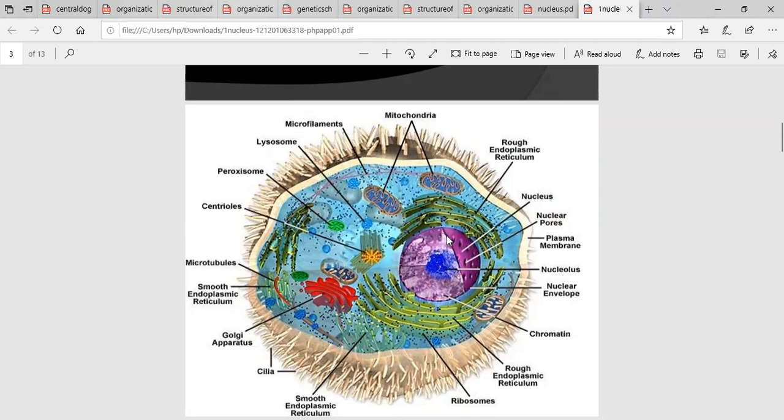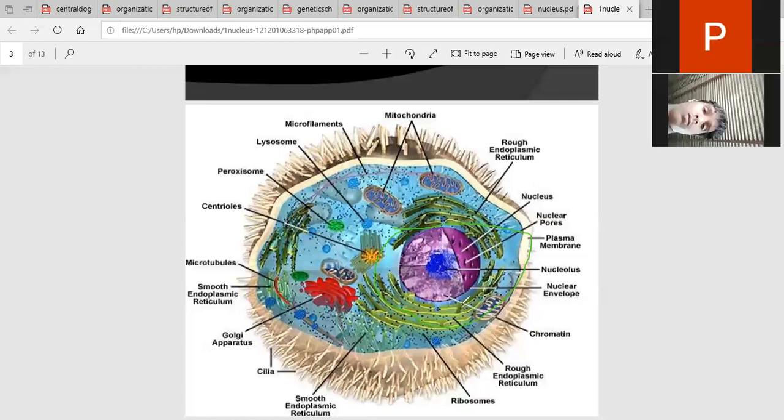So this chamber, or this membrane, is the nucleus. By the arrow I'm showing you this nucleus.